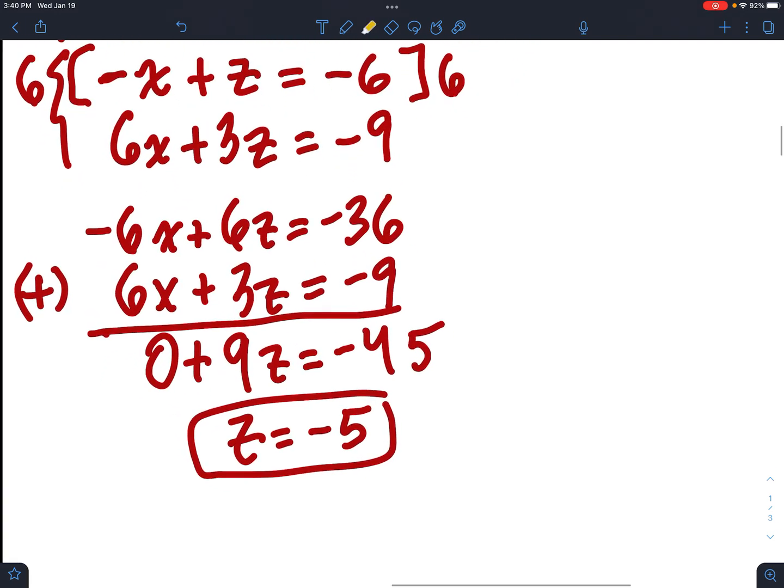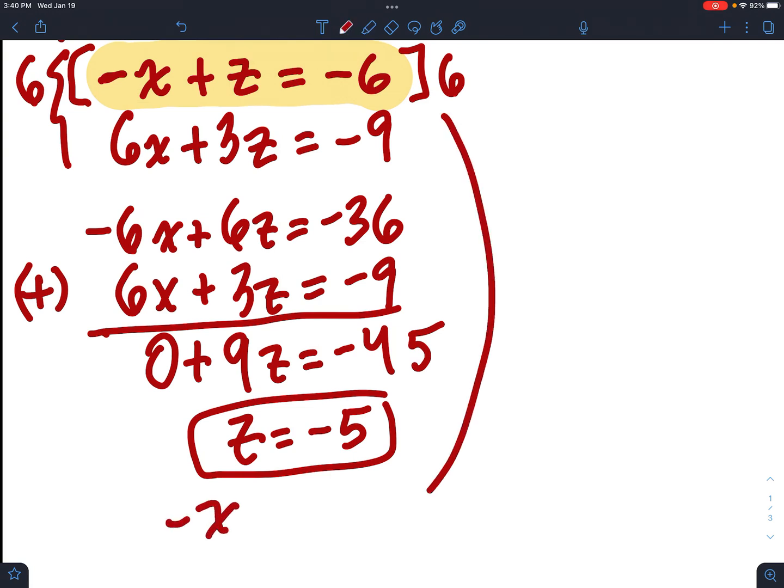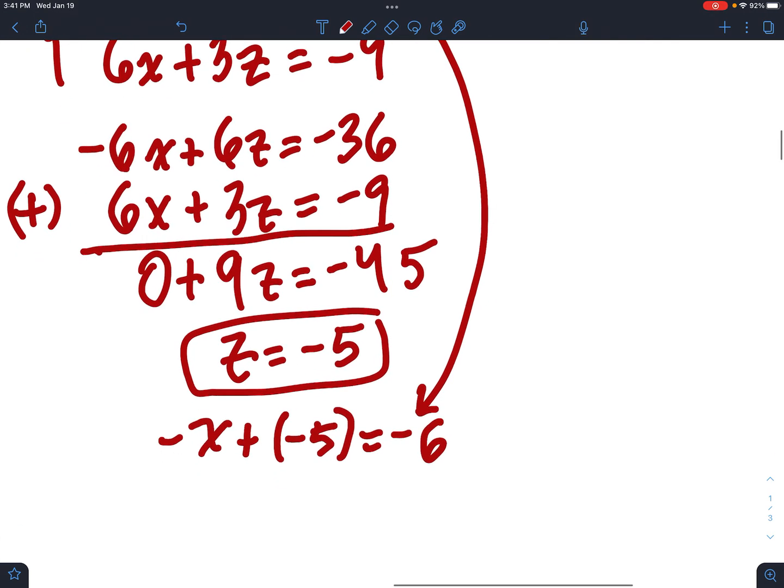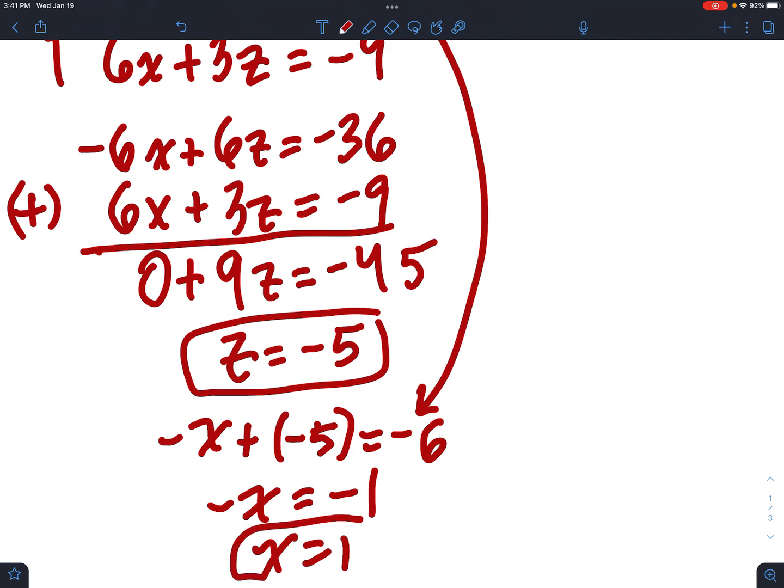Going back and zooming out and looking back at what we've done, this was one of our original two-variable equations. I can use that, so this down here, and put in what z was and solve for x. So x is 1.